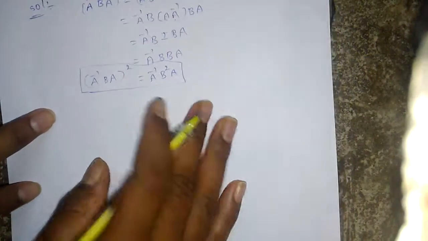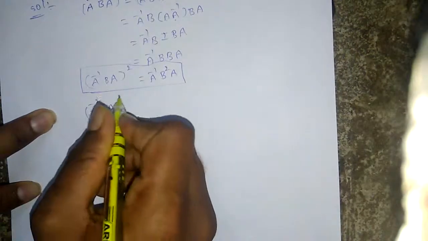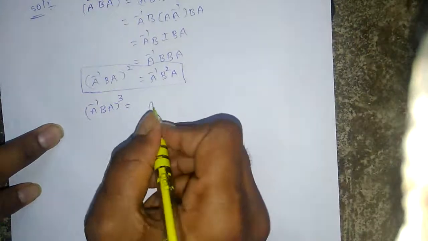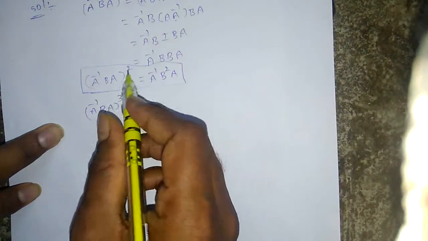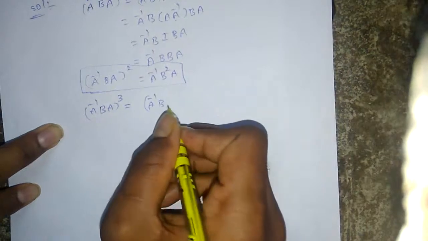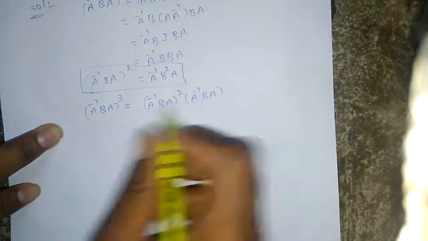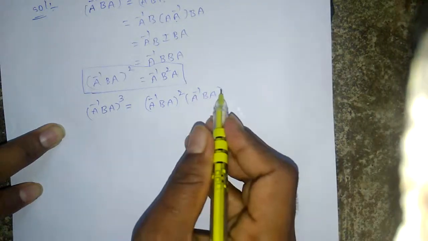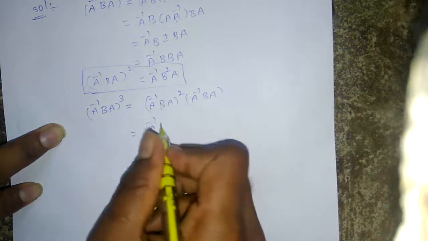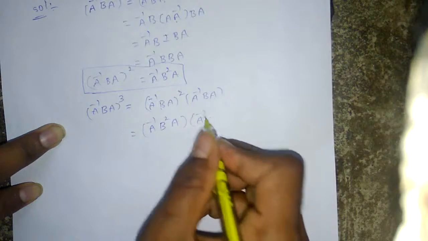Similarly, if we find A inverse BA whole cube, we already have A inverse BA whole square, so we use that here. That is A inverse BA whole square into A inverse BA, so this value is A inverse B square A into A inverse BA.